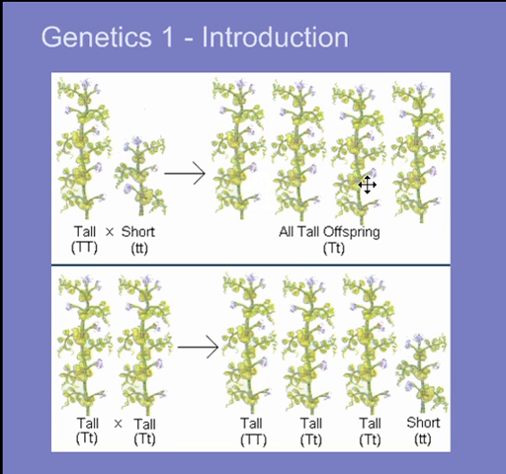If you then breed the ones in this generation, hybrid with hybrid, you end up with the combination that you get down here. 1 out of 4 will be purebred tall, 2 out of 4 will be hybrid tall, and then that short trait shows up again in about 1/4 of the offspring.